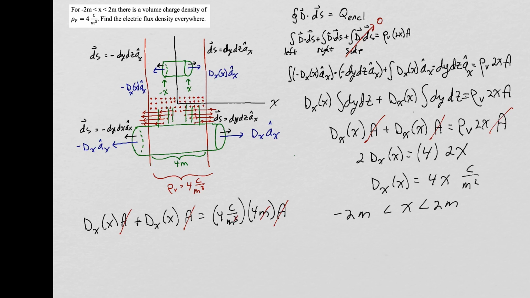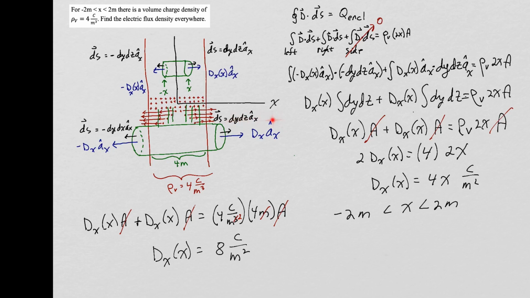So we get the electric flux density field is equal to 8 coulombs per meter squared when we're outside the charge distribution, and we see indeed the electric flux density field is constant once we get outside of the charge distribution here. In other words, outside here it's independent of x.